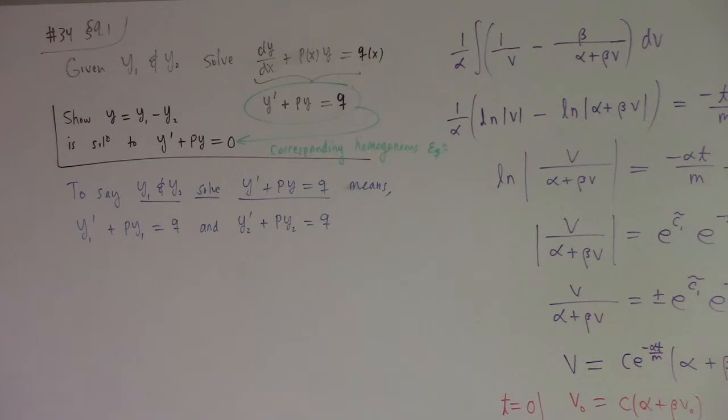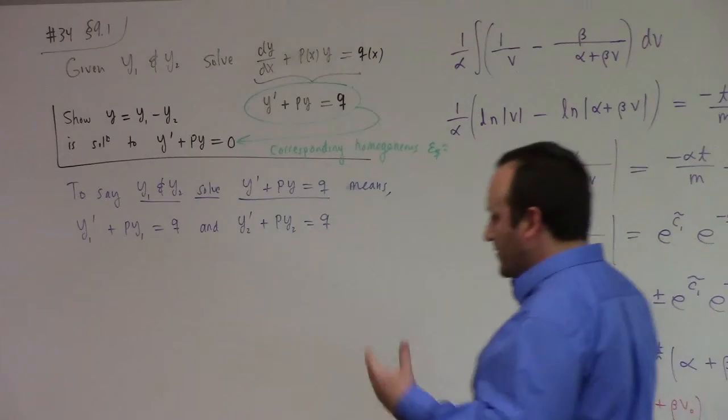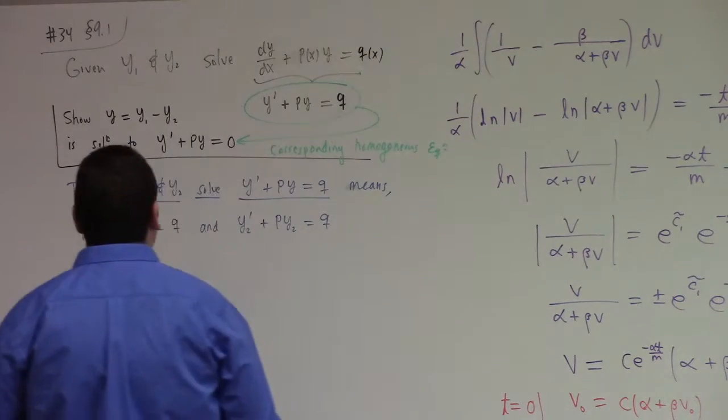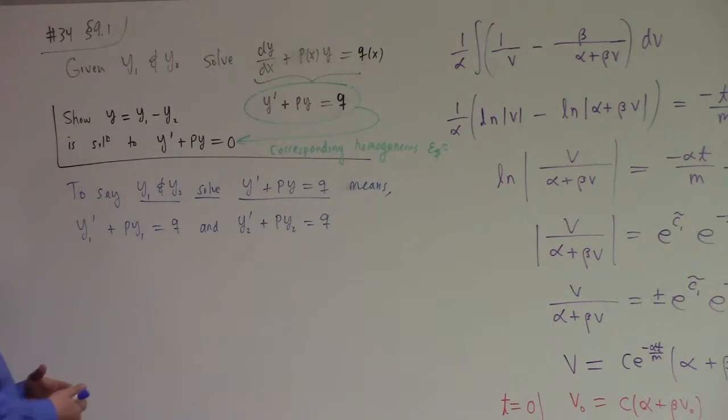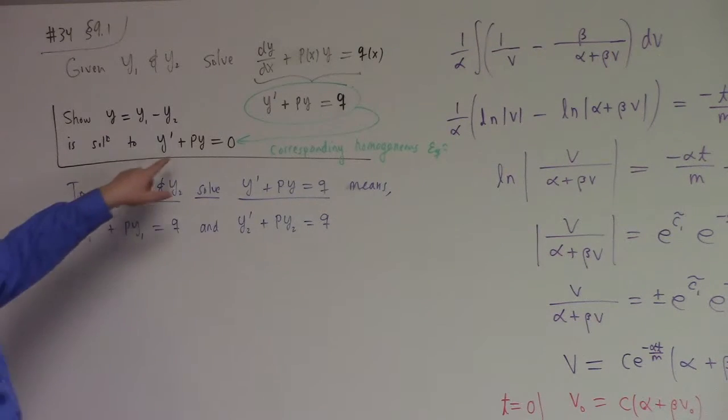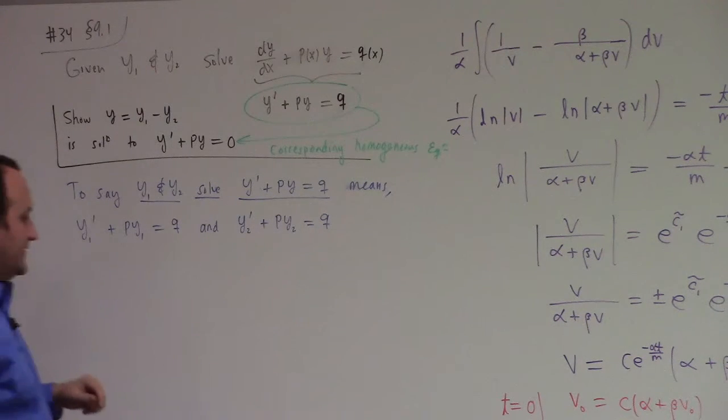So when you're asked a question like this, it's so important to understand what you are given versus what you are trying to show. And also, what does that mean? What does it mean to say that y1 minus y2 is a solution to this? That means what? Exactly. If we put it in this differential equation right here, it equals 0.